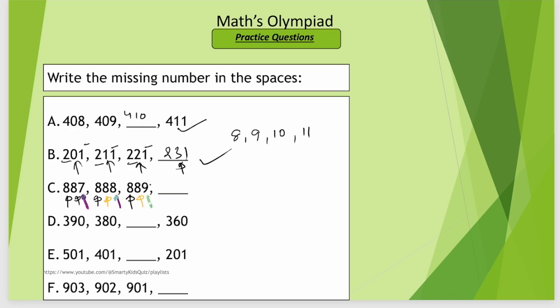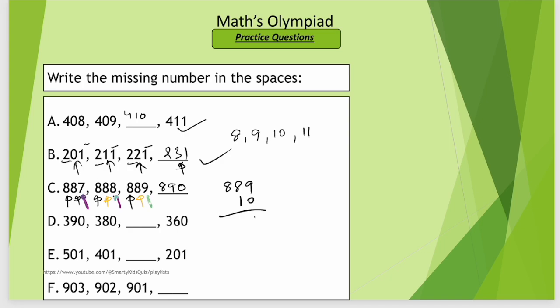So after 9, what does it become? 10, right? So here I can just write 890, because when I make it 10, one will get carried forward.